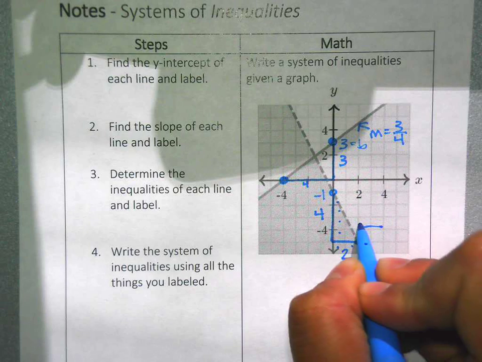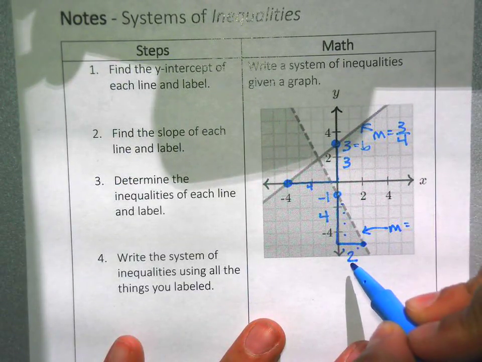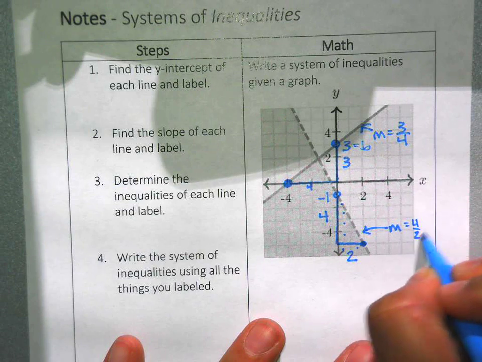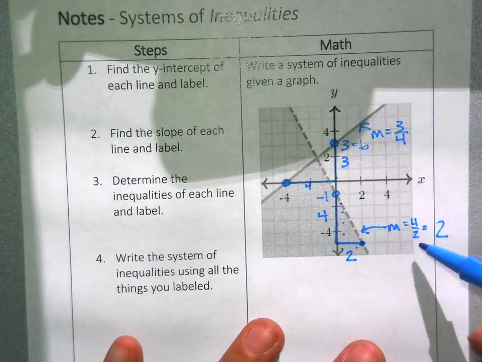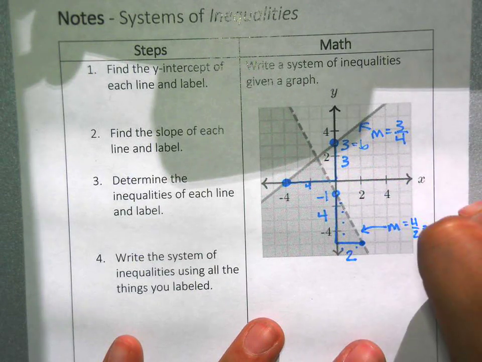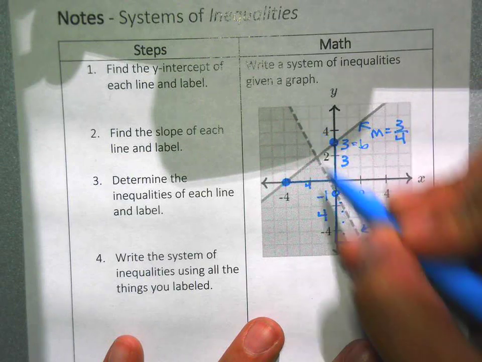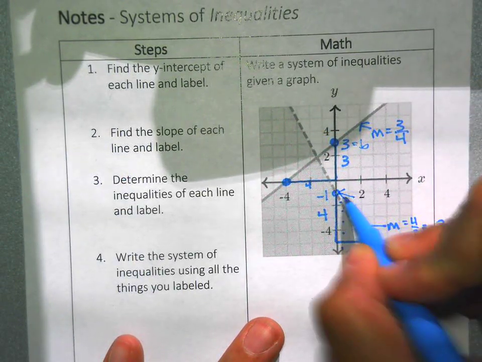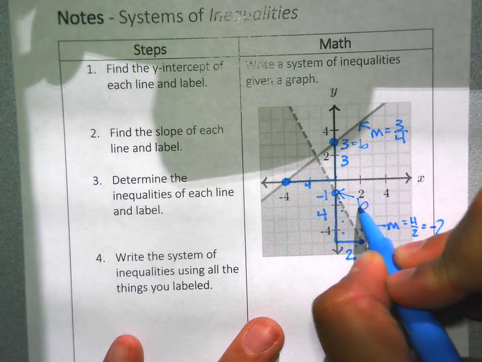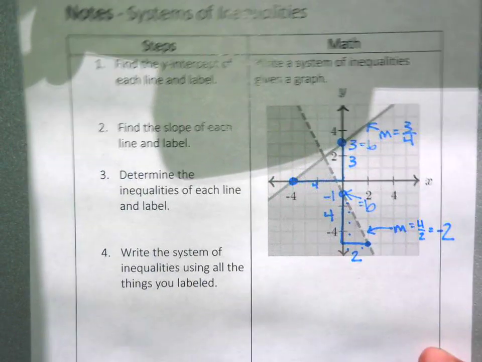So the slope for this line will be 4 over 2, which then simplifies to 2. But the line is going down, so I will make that a -2 to represent the negative or decrease in the line. So we have the slope and the y-intercept for both lines now.